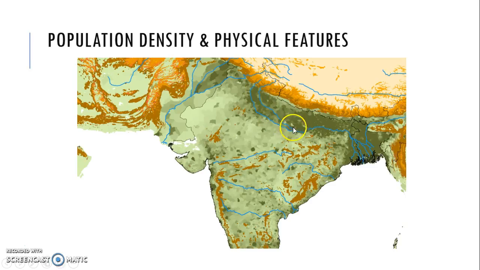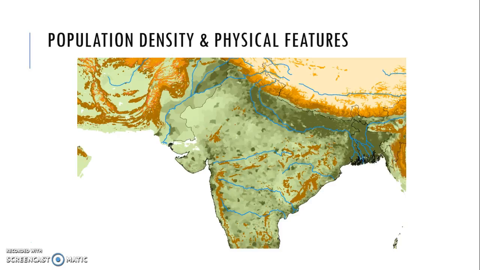So we have these rivers, the Ganges River coming down, and there's a river delta, and you can see lots of population here in Bangladesh where all these rivers come together. Also, rivers carry alluvial sediment that, when rivers flood, spreads out and helps nourish the land.